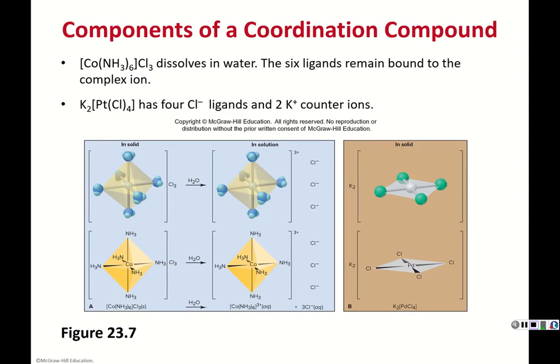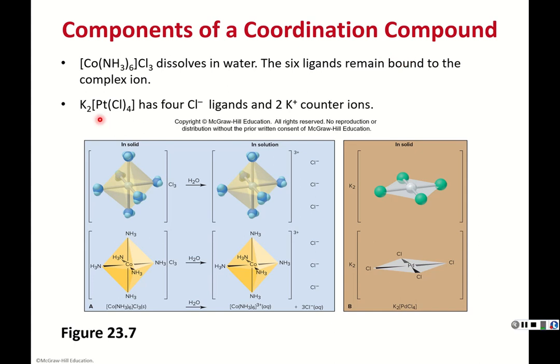Components of a coordination compound. So if we have the coordination compound cobalt with 6 ammonia around it, and draw that in brackets, that is our complex ion, and it's associated with 3 chlorines to balance the charge. When it dissolves in water, the 6 ligands again remain bound to that complex ion.